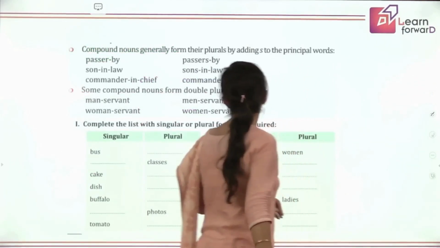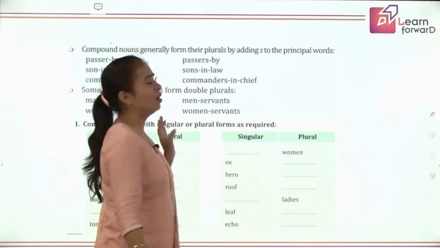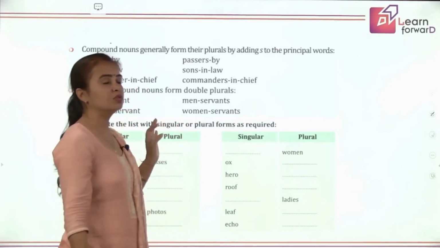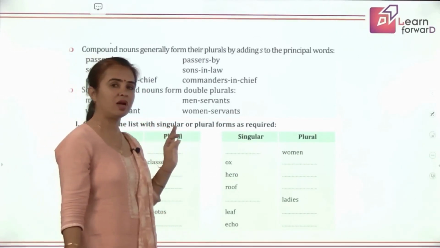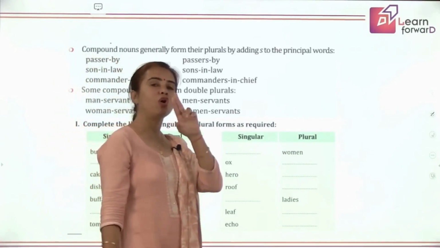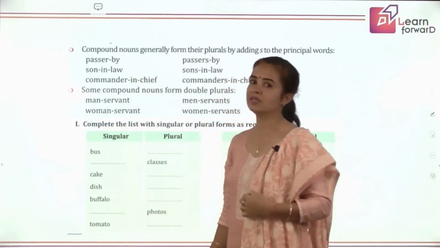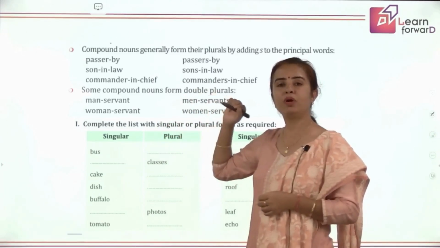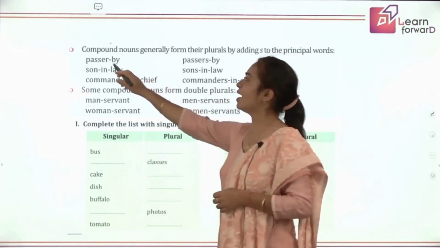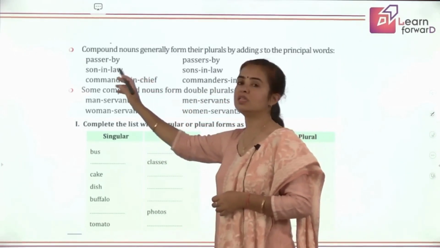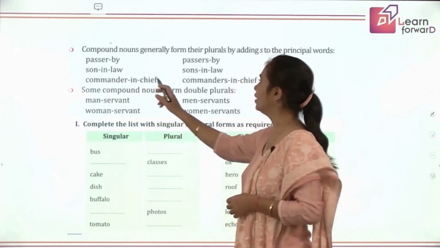Let's move ahead. Compound nouns, we have done earlier also in the previous chapter. What are compound nouns? When we join two words and make a new noun word, that is a compound noun. So for compound nouns, what rule do we follow? Passerby, son-in-law. These are the compound nouns. You can see commander-in-chief.